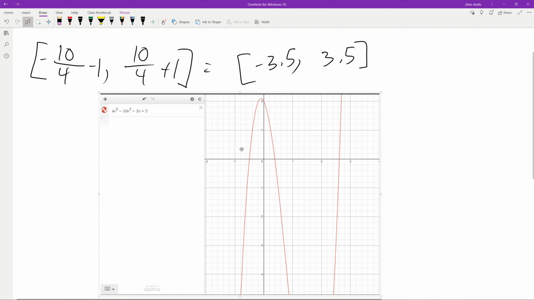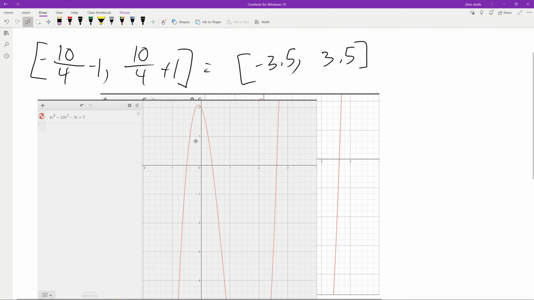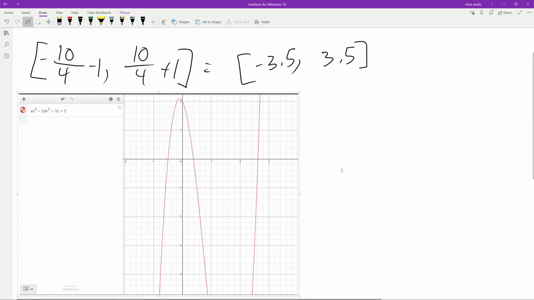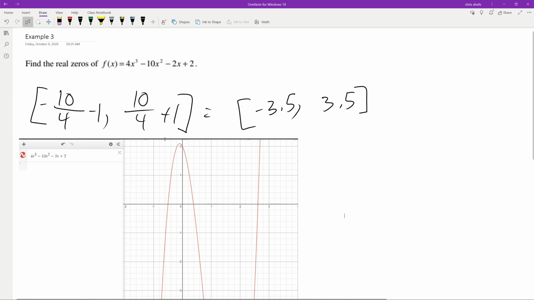Now I've graphed this for us here. Let's look at our rational roots theorem so we can actually do something with this graph. I need all factors of 2. So p is 1 and 2. I need all factors of 4. This is 1, 2, and 4.